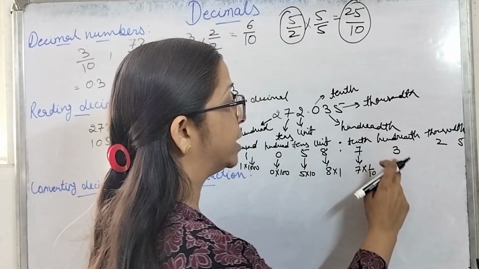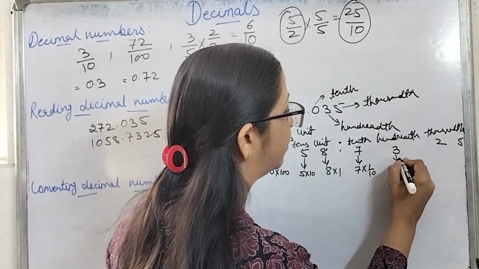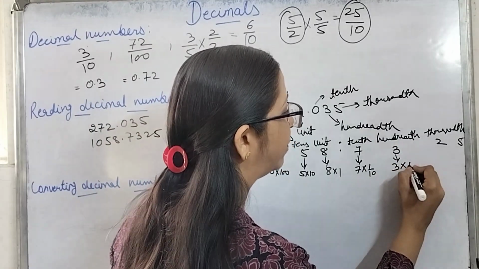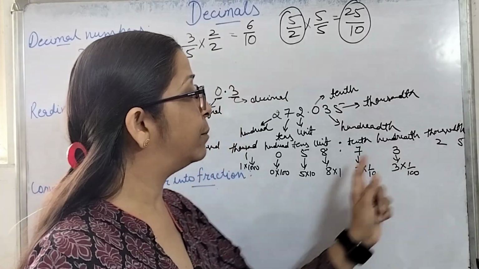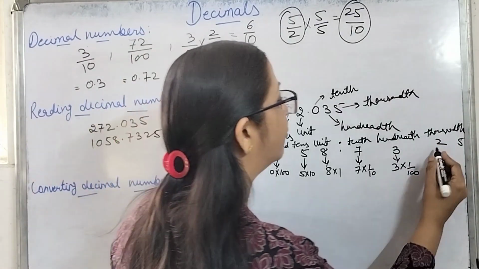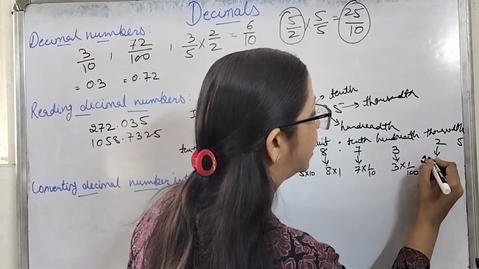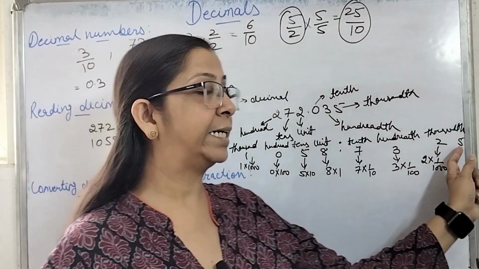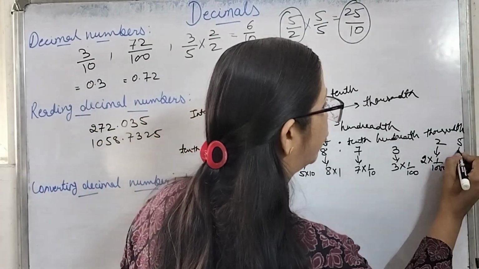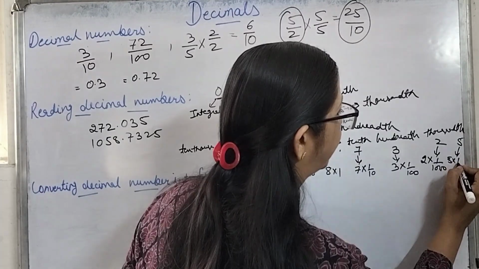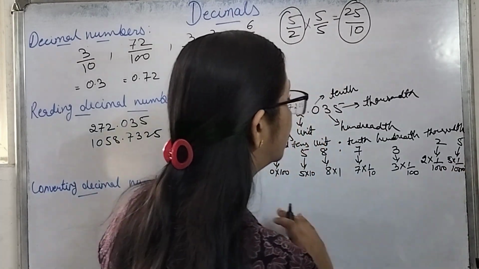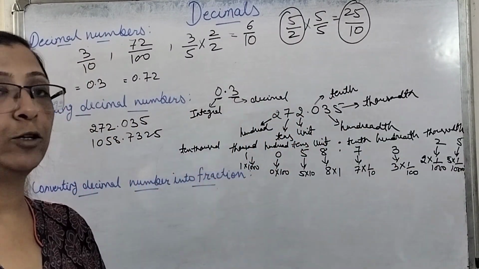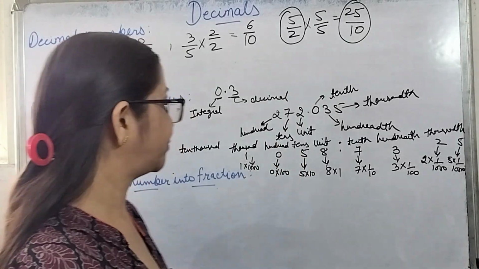For the hundredths place, the number multiplied by 1 upon 100. For the thousandths place, the number multiplied by 1 upon 1000. And for the ten-thousandths place, the number multiplied by 1 upon 10,000. So this is how we can find the place value of the given number.